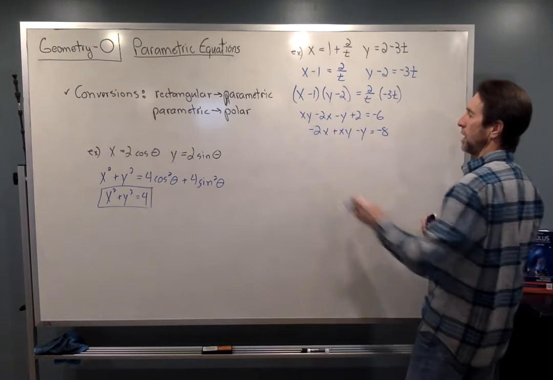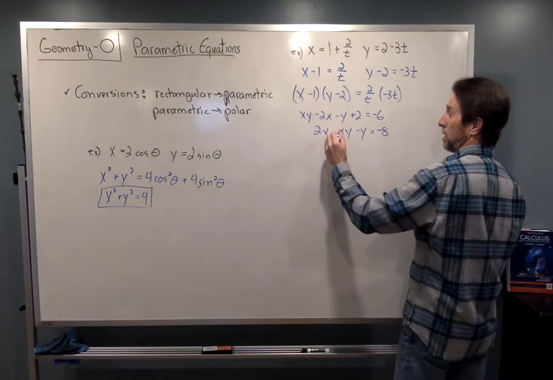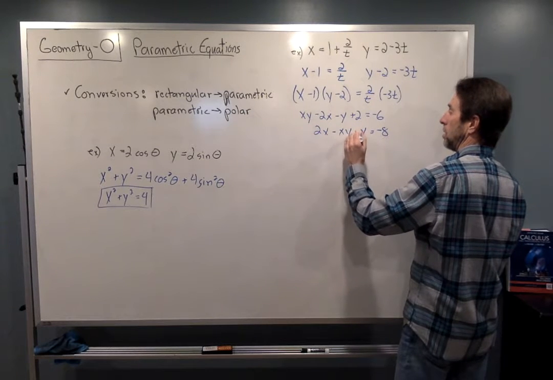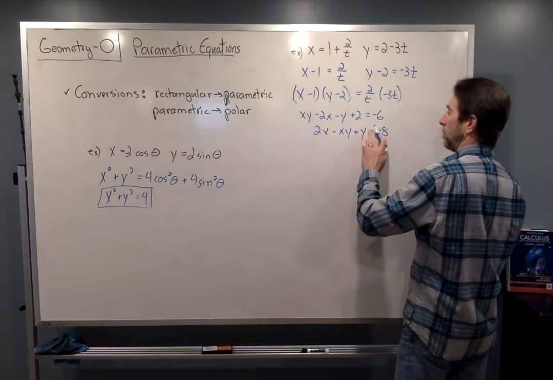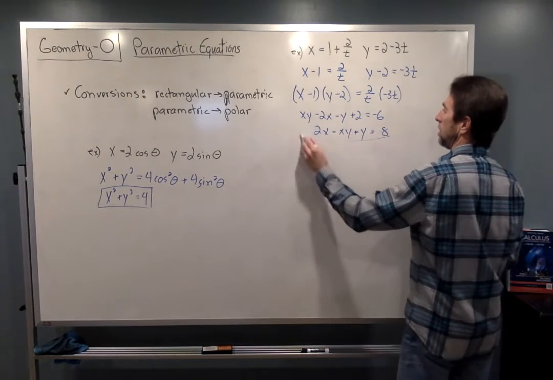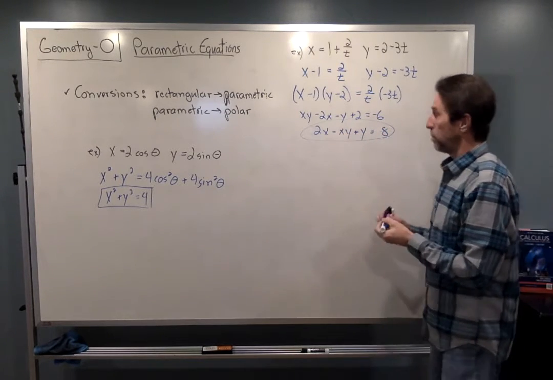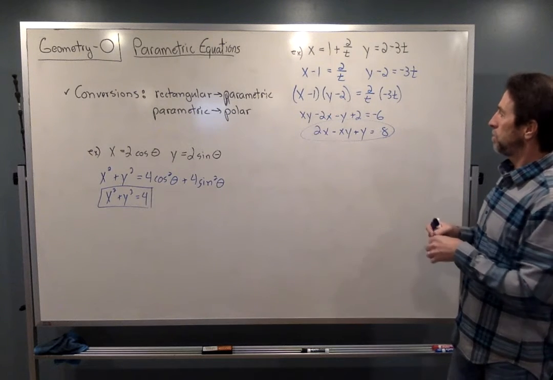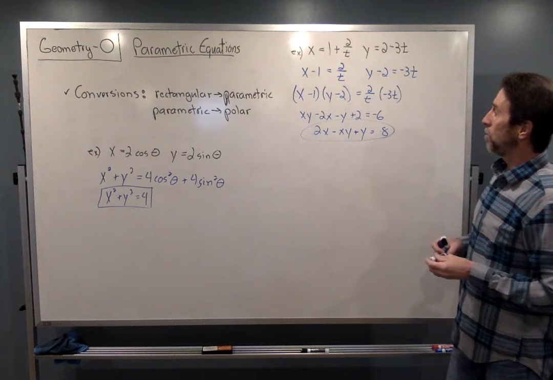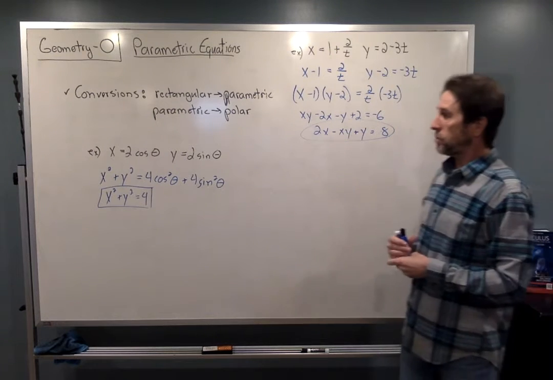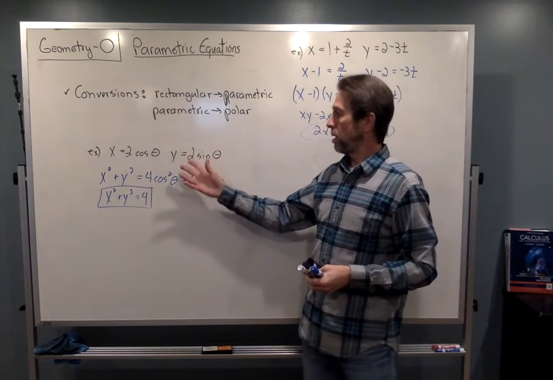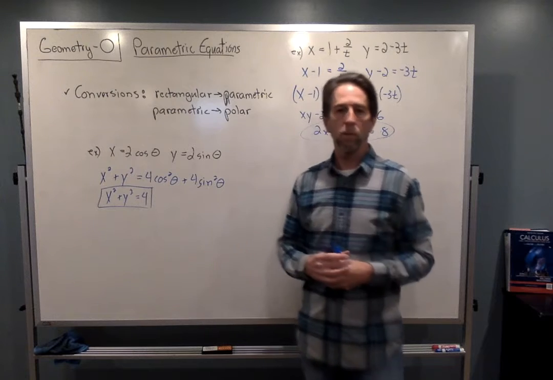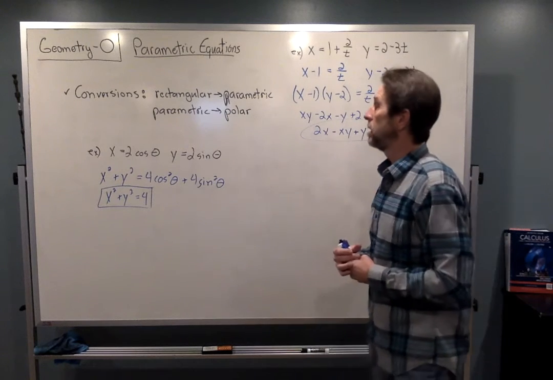Might change all the signs just so it looks a little nicer or different. Whatever that is, it's going to be our function. Now, we could try to solve for y by doing some special things, but for now, that would be enough. So converting from a set of parametrics to rectangular is something you will practice here in this problem set.